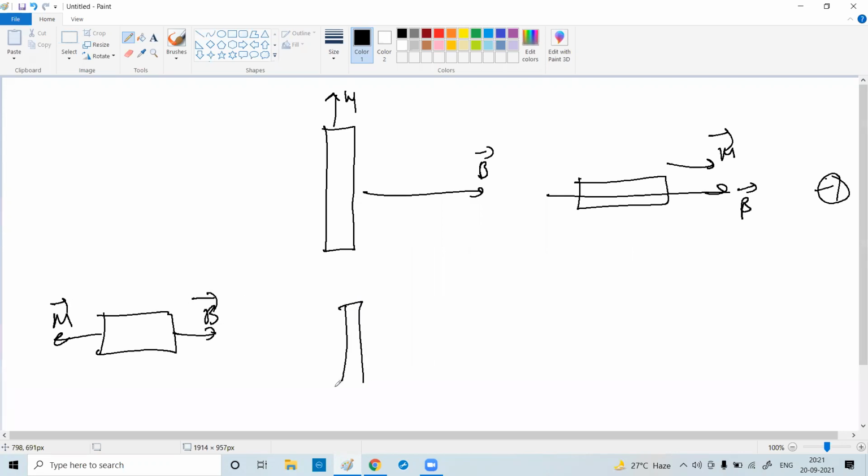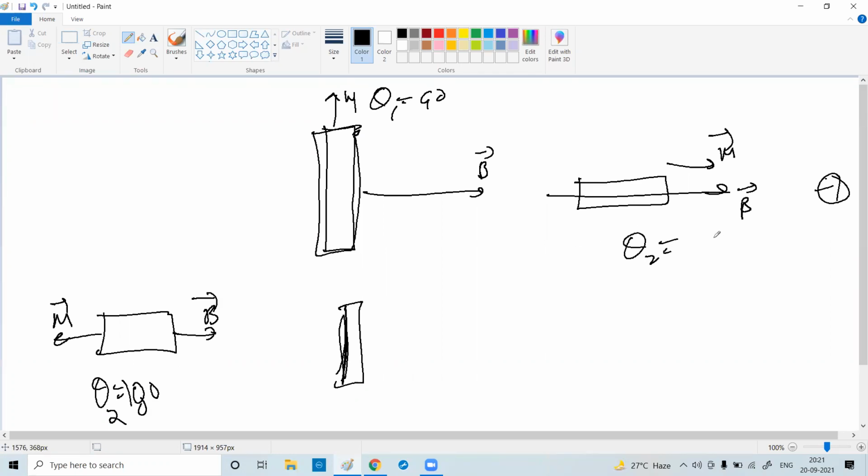Third condition, you keep it as it is. Here theta 1 is always 90, because the initial direction is like this. But theta 2 is 180 here, theta 2 is 0 here, and theta 2 is 90 here.